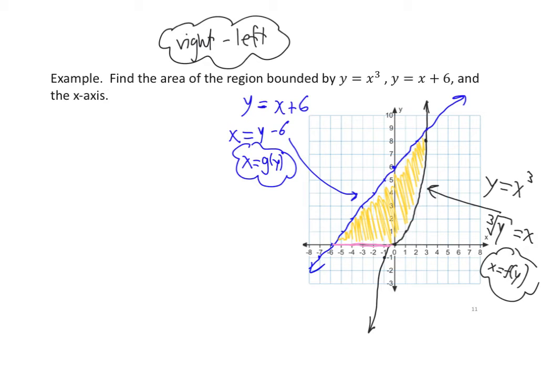Now we just need to figure out our limits of integration. We know we're going to start at 0, but we need to know where that point is in order to figure out where to end it. So that's kind of hard. Actually, it's not so hard. When I realized that my graph was pretty bad, I said that when x is 2, for the y equals x cubed graph, y is 8.